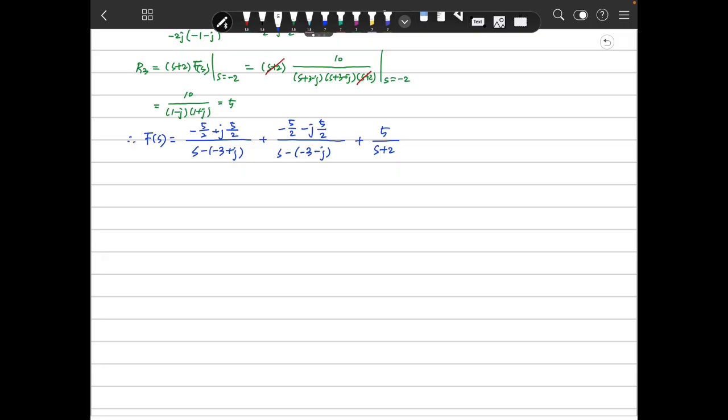So we need to simplify these equations. To do this, we rearrange these as you want.